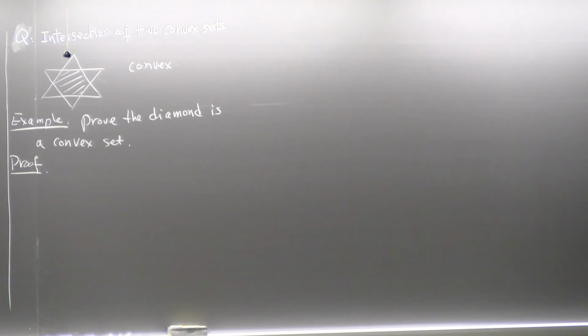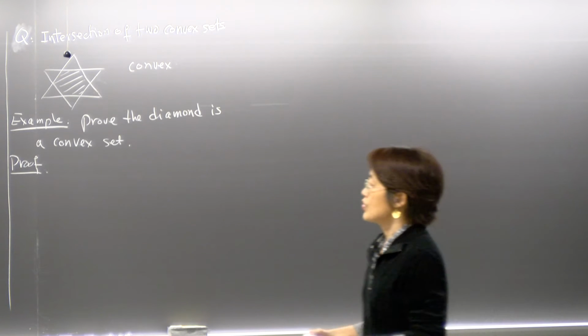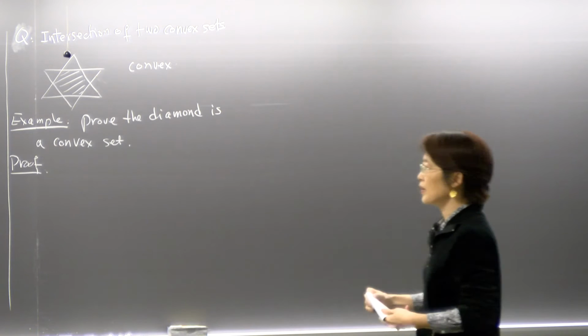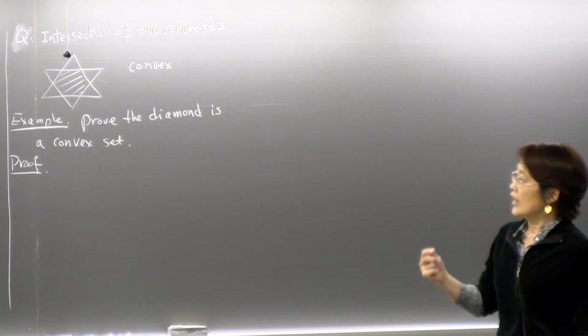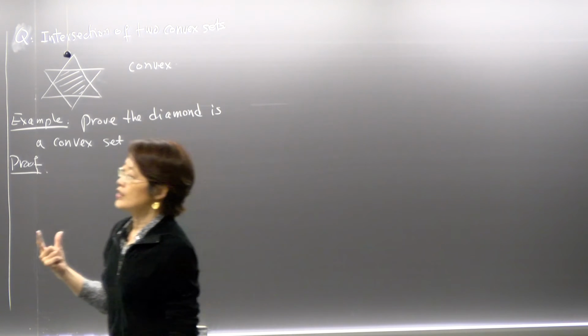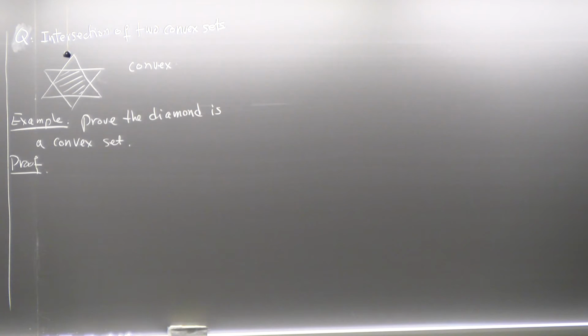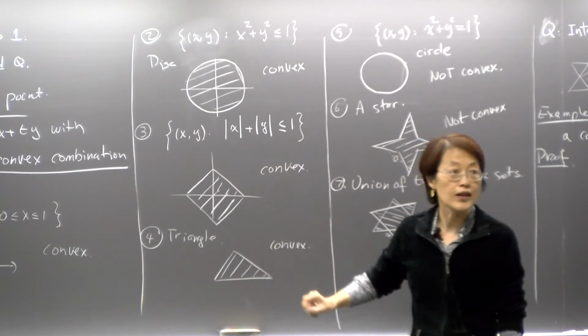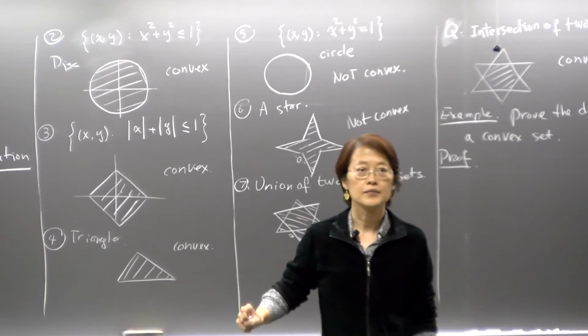I want you to prove it per definition, so you can maybe write down what I need to prove, or think about it first. I need to randomly pick two points that are in the diamond, then make a convex combination of them and show that it also lies in the diamond. Is that clear?